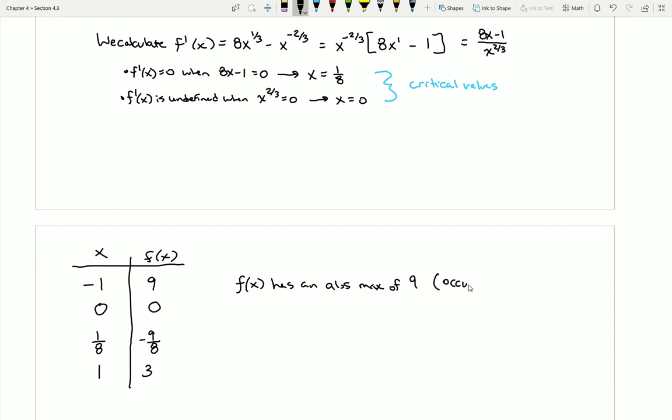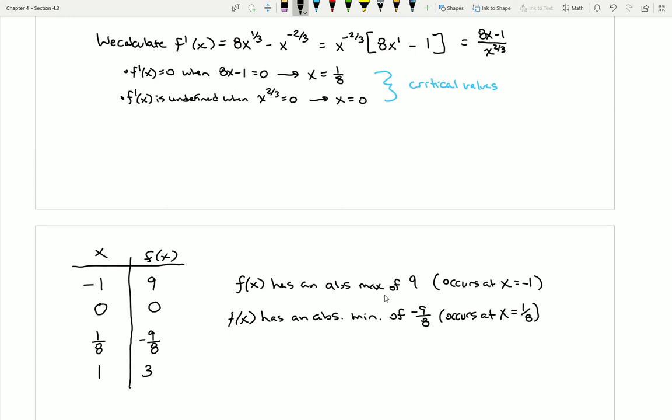And I also know that that occurs at x equals -1. I can also see that f of x has an absolute minimum of -9/8. And that occurs at x equals 1/8.